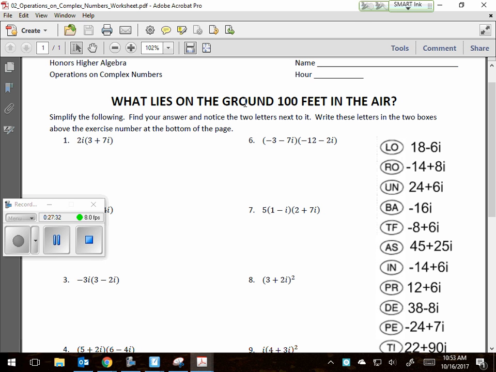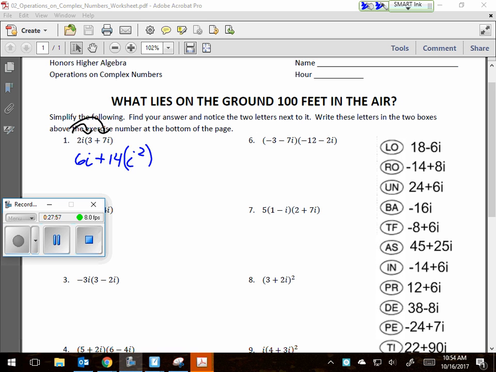It's as simple as you would think. You just multiply this puppy out, see what you get. Hint, there'll be an i squared in it, and therefore you should convert that to -1. Okay, I think everybody's got it now. 2i times 3 makes 6i. 2i times 7i makes positive 14, what? i squared.